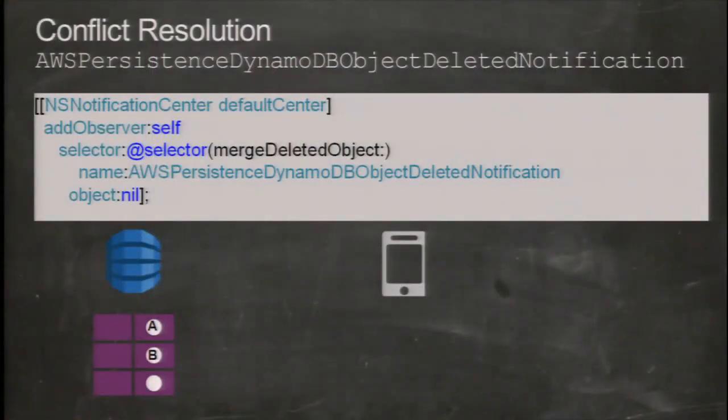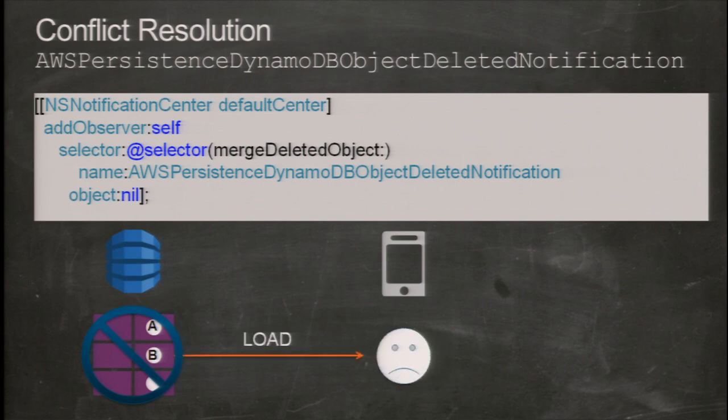So in addition to being able to resolve conflicts on save, we can also resolve conflicts on load. So I mentioned earlier that all objects in Core Data are lazily loaded. So there's a chance that we might have a reference to an object that's been deleted inside of DynamoDB. So in that case, when we load, we'll get an error.